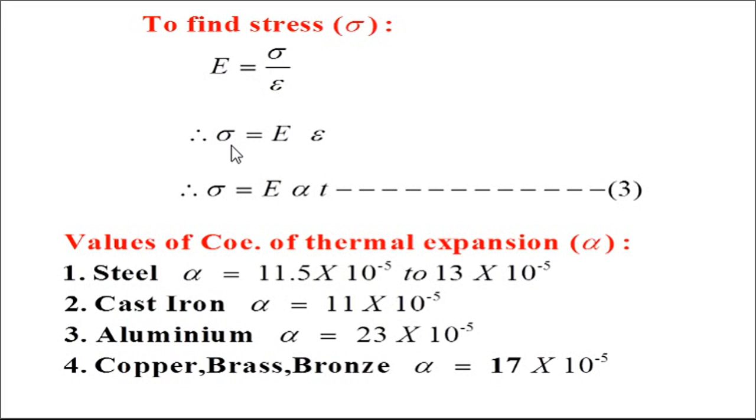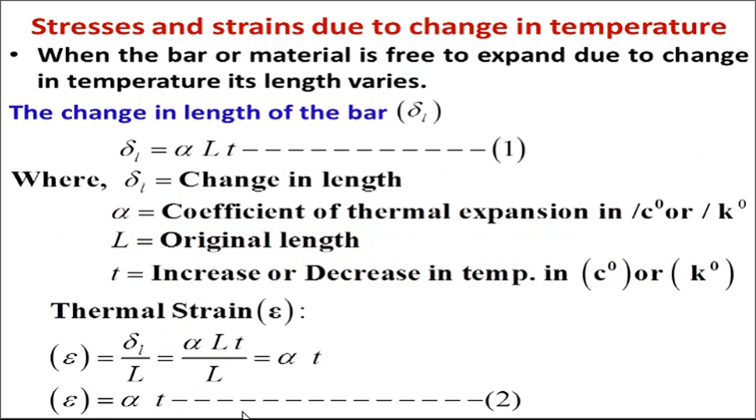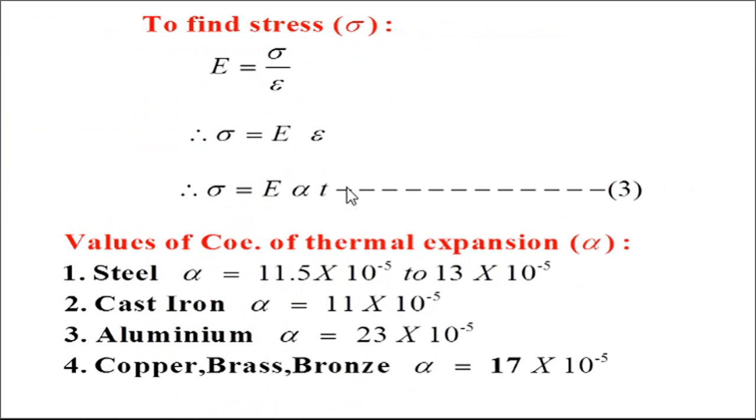Now to calculate stress here, stress will be equal to E into strain. Sorry, stress is equal to E into alpha into T. What is strain here? Here we have written that the strain is alpha into T. The same value of strain I have just replaced by alpha into T. So to calculate the stress, we can write the formula: stress is equal to E into alpha into T.